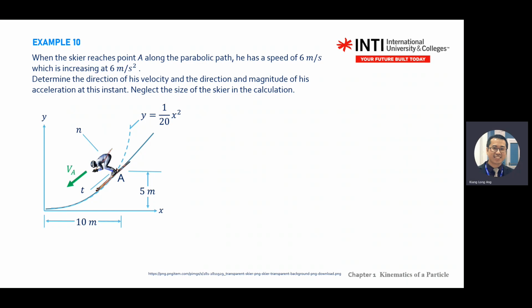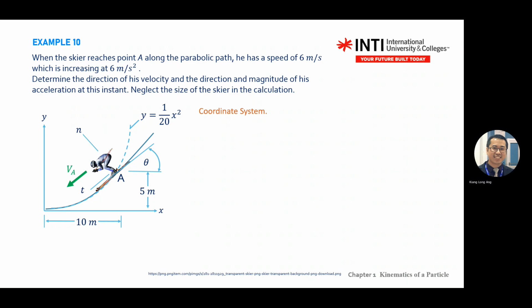Then you put in the VA. You're given the speed at that instant, and you add it on the curve. At that instant you already have the VT component. Then you can put in the angle theta referring to the horizontal axis X, or to the ground level.